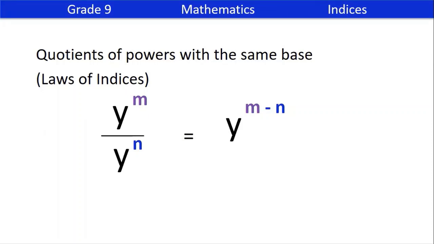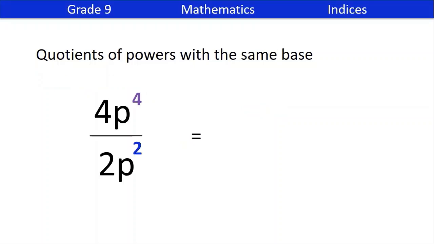That means the index is equal to the difference of the two indices, m minus n. So guys, that is the second law of indices which we've learned under the lesson indices, and that is the law of indices which is relevant to the quotient of powers with the same base.